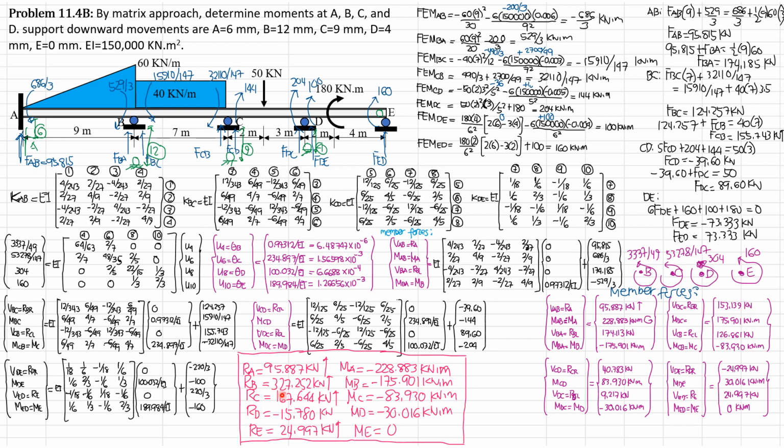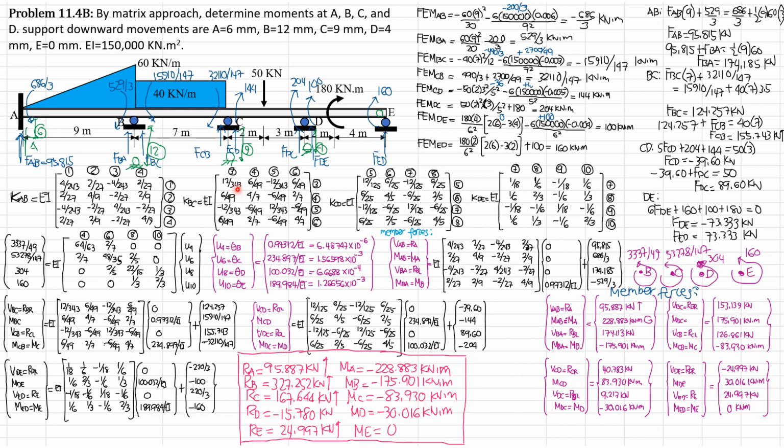Correct. R sub C is shear CB plus shear CD. Shear CB 126.861 plus shear CD 40.783, we get 167.644 kilonewtons. M sub C is just MCB, negative 83.93.